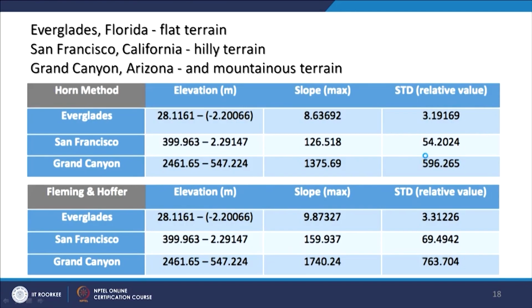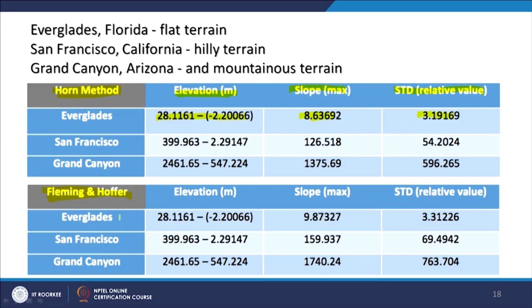Now, 3 examples are shown for different types of terrains of USA, with 2 different methods, that is the Horn method and the Fleming and Hofer method. When the elevation range is like this, slope maximum is this, and the relative value is this.